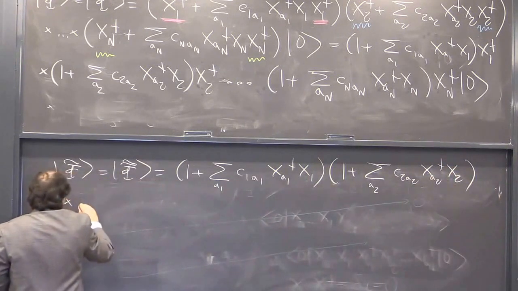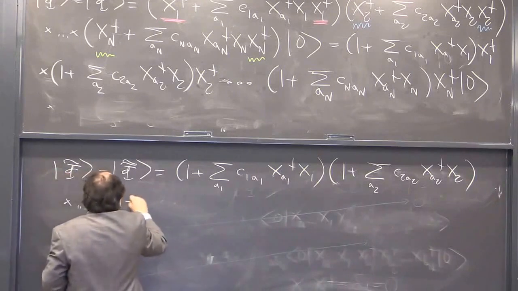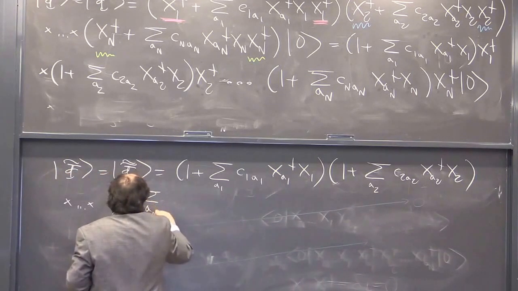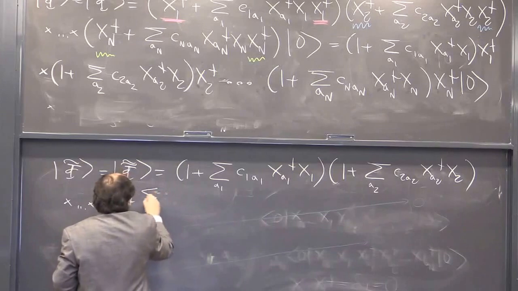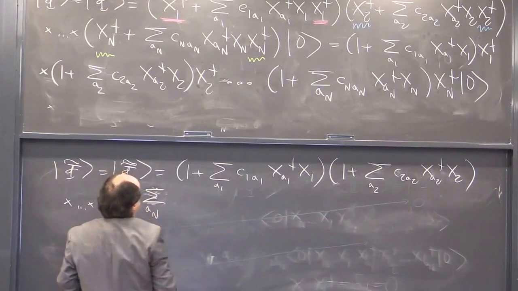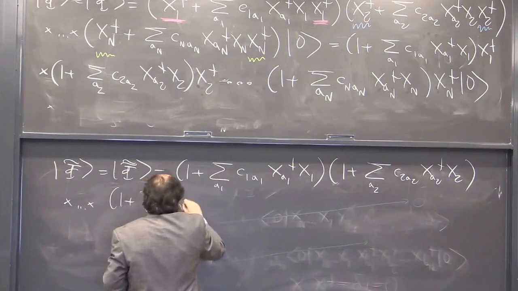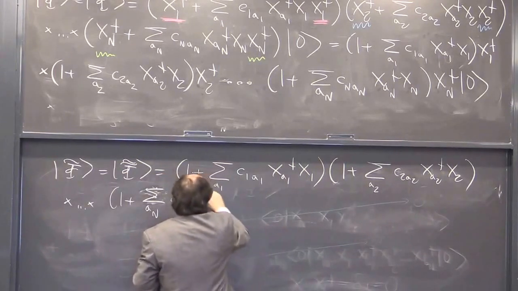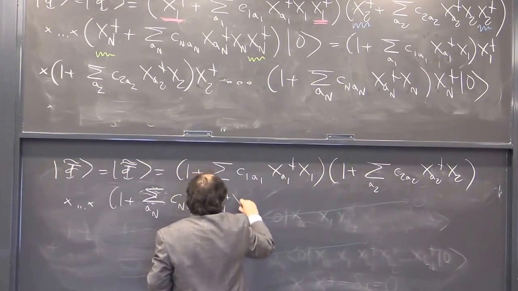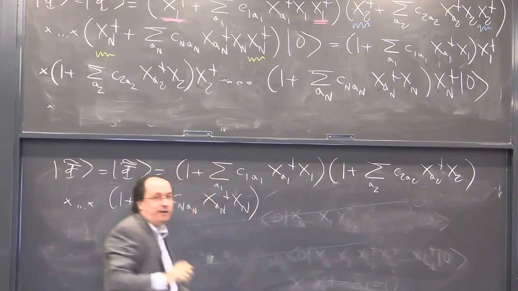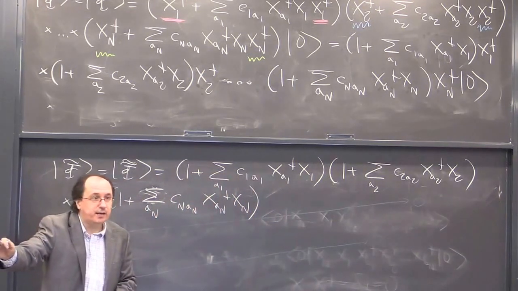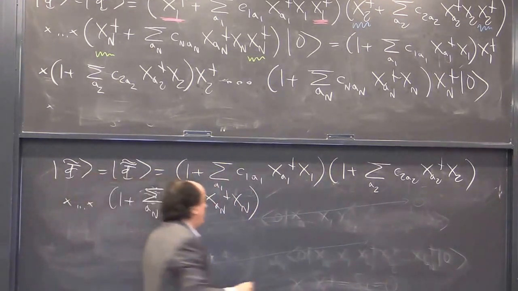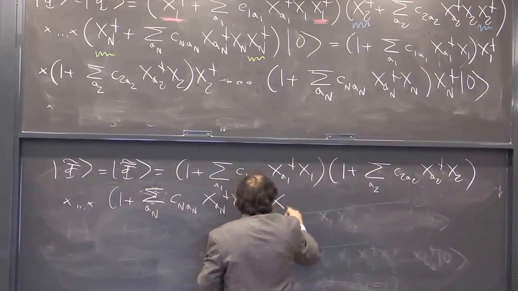And then finally, we have 1 plus a sum over AN, CN, AN, XAN, dagger, XN. And I have now all these operators X dagger that we extracted in front of the true vacuum.